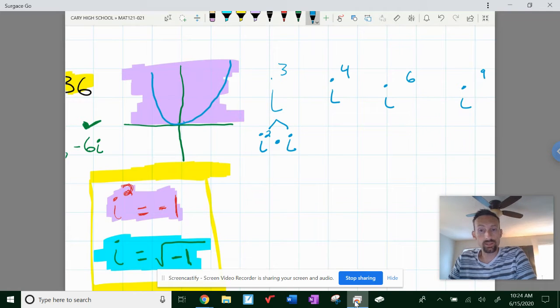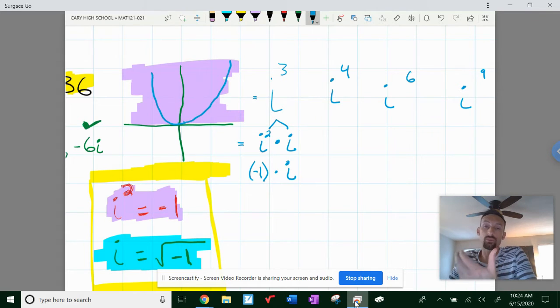Okay, i squared times i is going to be i to the 3rd power. So this is equivalent to this up here. But now I can break it into parts that I actually know the value of. I know that i squared is going to be negative 1. And then I can go ahead and put the square root of negative 1 in here. But what I'm going to do, and you're going to see me do this, is I'm just going to leave i like that, knowing that i doesn't represent negative 1.